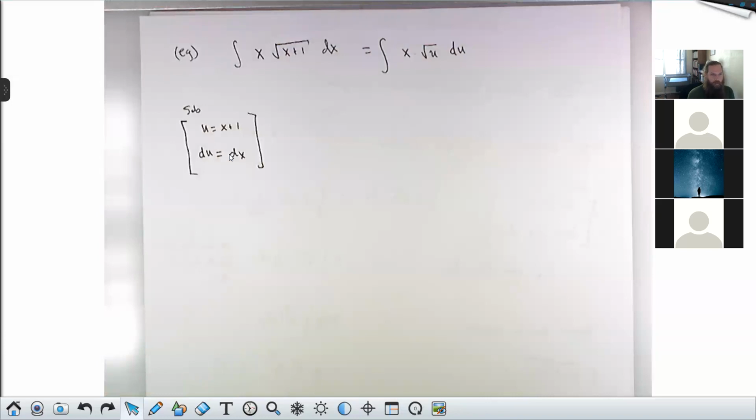And this leaves us with a problem. Remember what we said, we really can't do anything until every piece of that integral is rewritten in terms of the new variable. If I have any x's or dx's floating around, I can't do anything until I get rid of that. How do I get rid of the x?